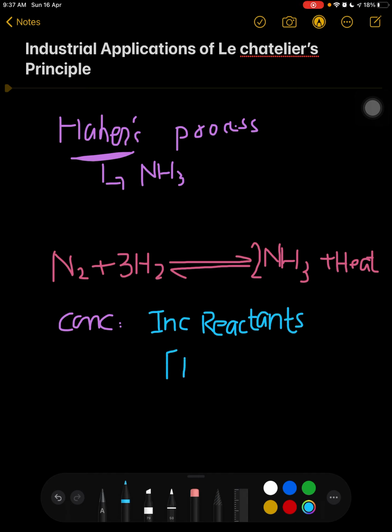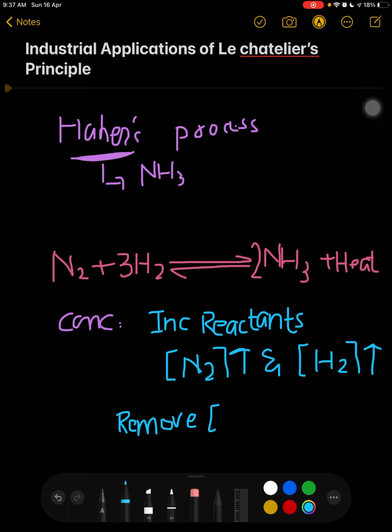We will increase N2, and we can also increase H2, right? The second condition for concentration is that we can remove NH3, so the maximum amount of the reactants will combine together to form the NH3. So these are both conditions for the concentration.